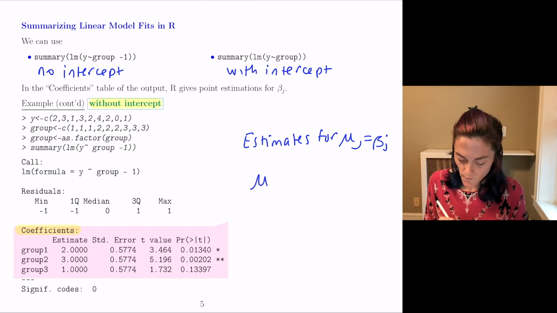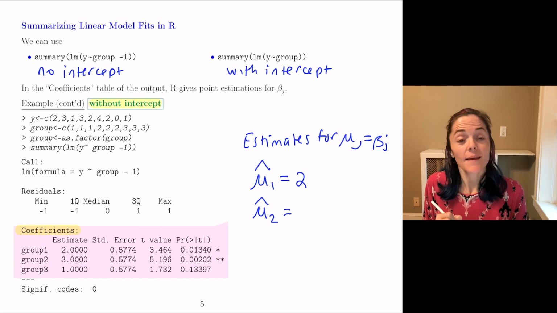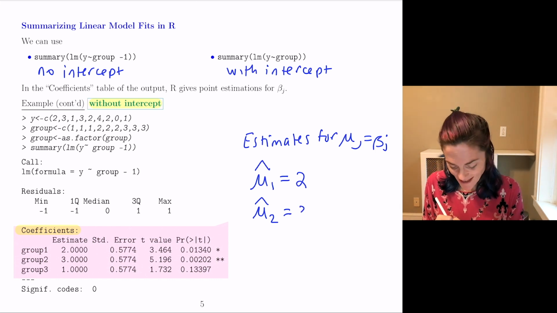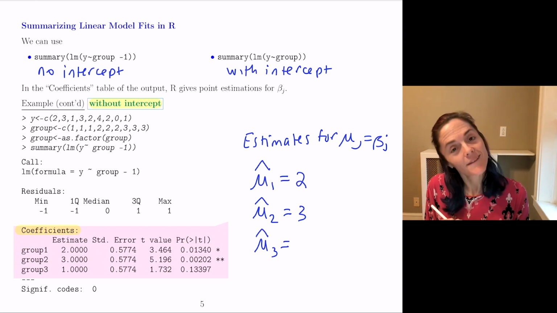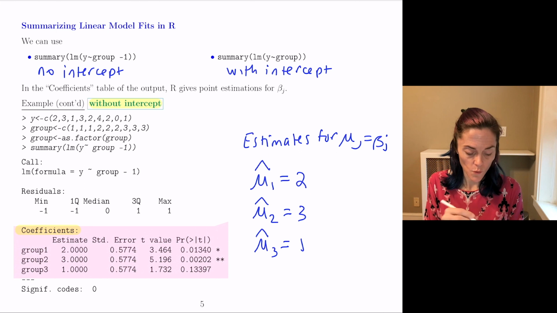So this first estimate is the sample mean, 2. The second estimate is the sample mean, 3. And finally, the third estimate for the third group mean is 1. We could read this off the table. So we are looking in this column.